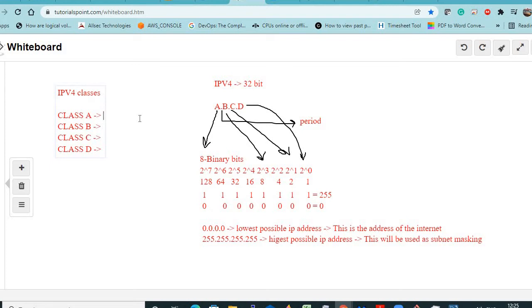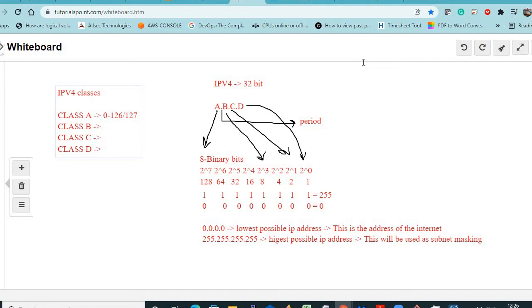Yeah. So one rule they made is class A should have from 0 to 126. If someone says 127, but 127 is used by the loopback address. I will tell you what the loopback address is later. So you can say 0 to 126, or let me put 127 also, but that is debatable.